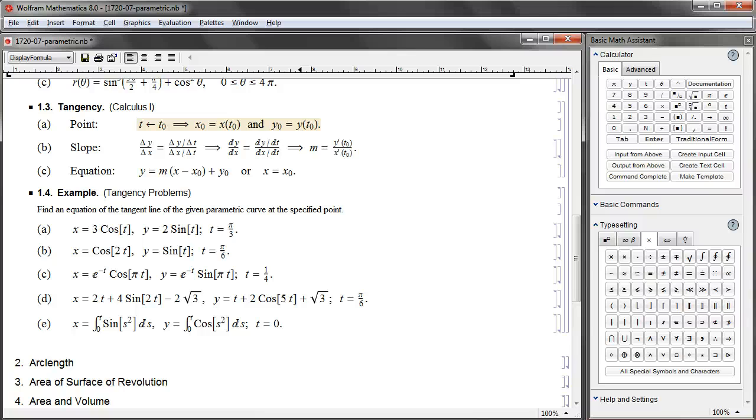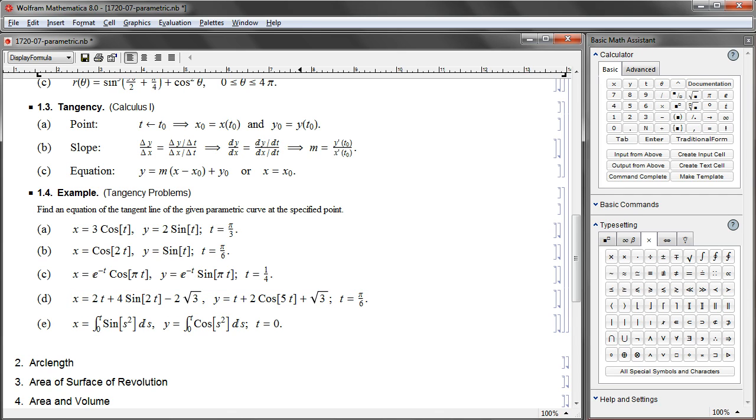parametric curve. For example, if you have a parametric curve like this one, d, plug in pi over 2 to this t here and there, and then you're going to get the x naught value. Plug in pi over 6, the t naught value, to here and there, then you're going to get the y naught value.